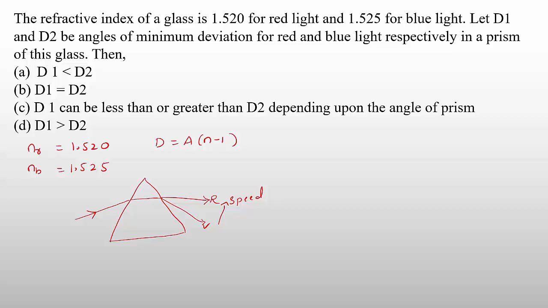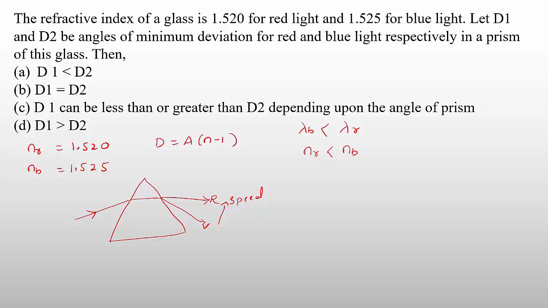When speed is less, its wavelength is also very small. So the wavelength of blue light is less than the wavelength of red light. Or in terms of refractive indices, if lambda b is less than lambda r, then the refractive index of red color is smaller than that of blue color.